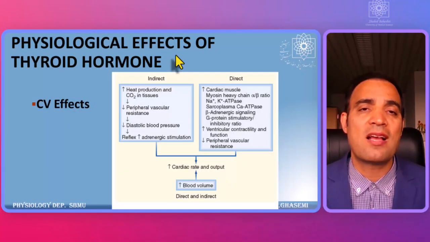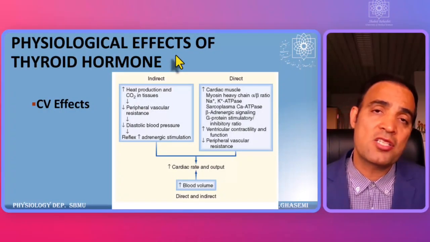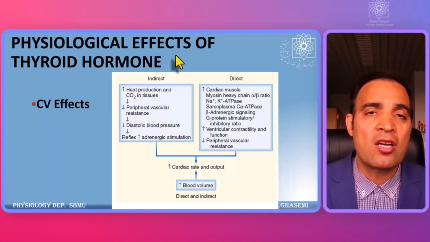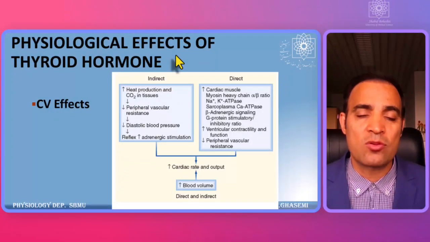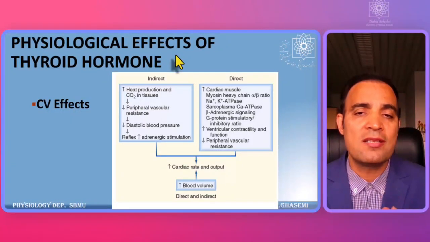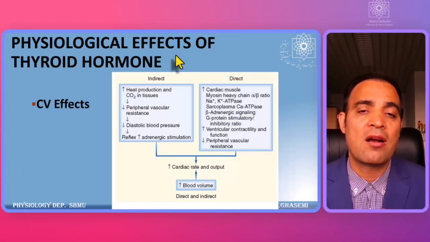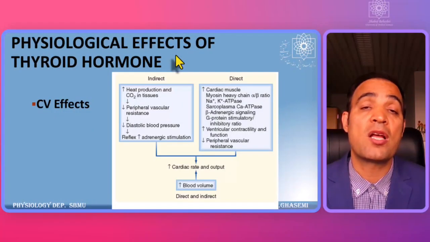All this will stimulate reflex adrenergic stimulation, and the adrenergic stimulation will stimulate heart function. What would be the result together? This all together will increase heart rate and cardiac output, and also blood volume.